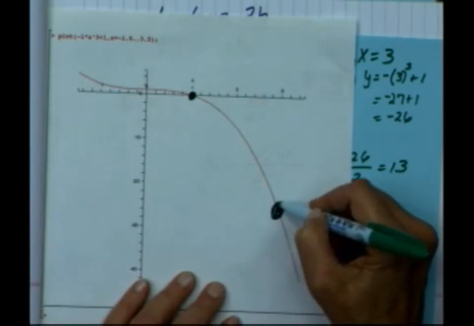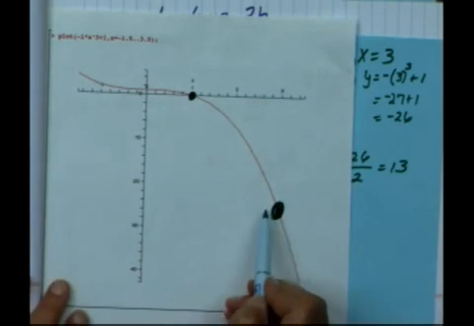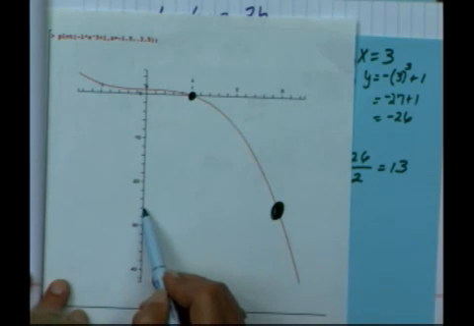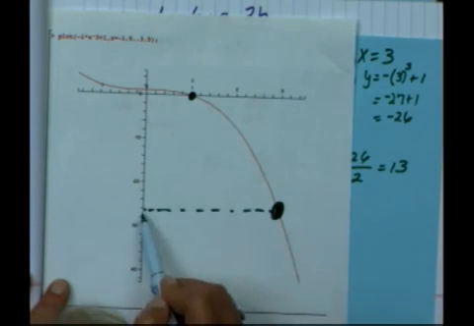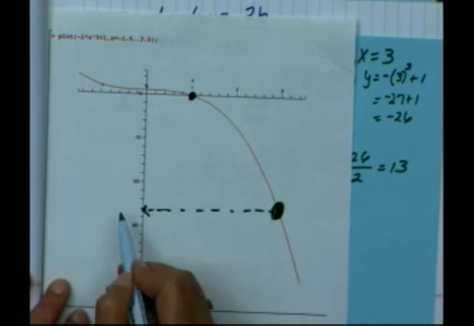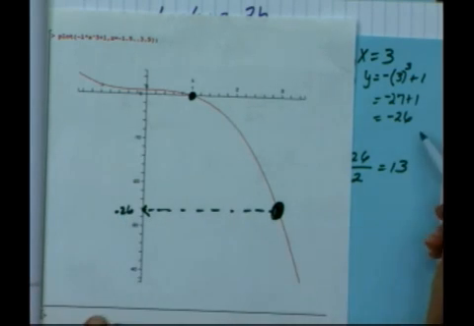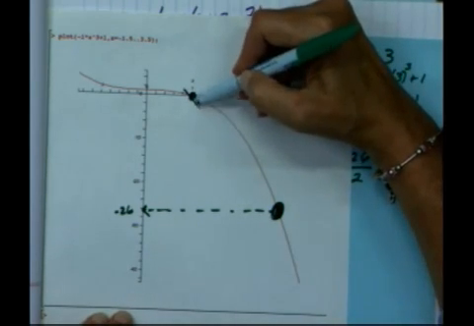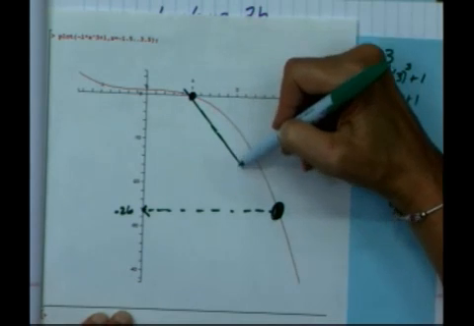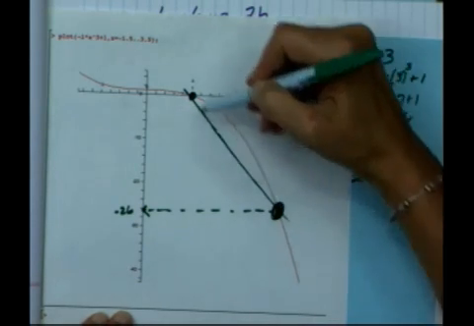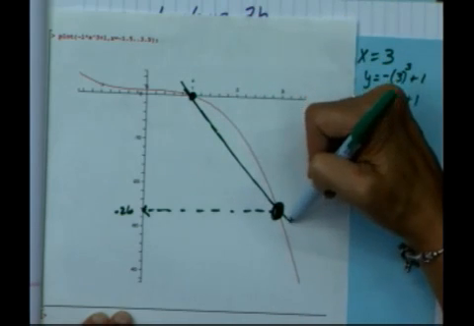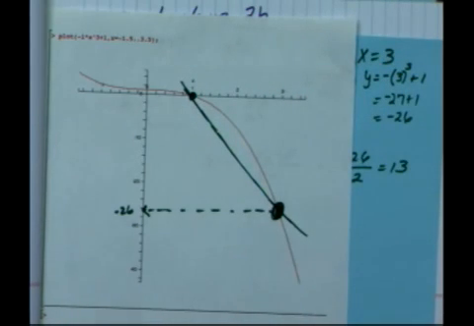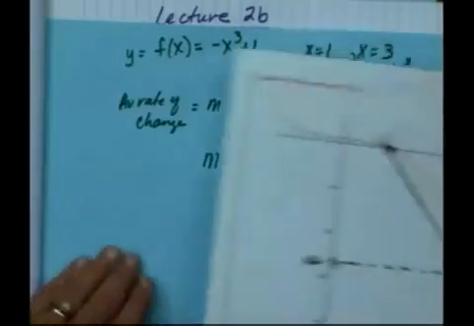If you make your dot big enough, I'm bound to hit it. All right, and that comes over to, see? Perfect. Negative 26. And we found it to be negative 26. And so this 13 is really the slope of this line that passes through those 2 points. Everybody good? Okay, well, let's get off that because those aren't very exciting.